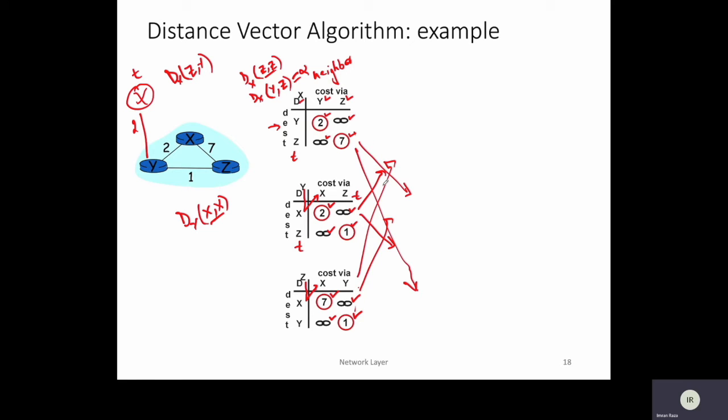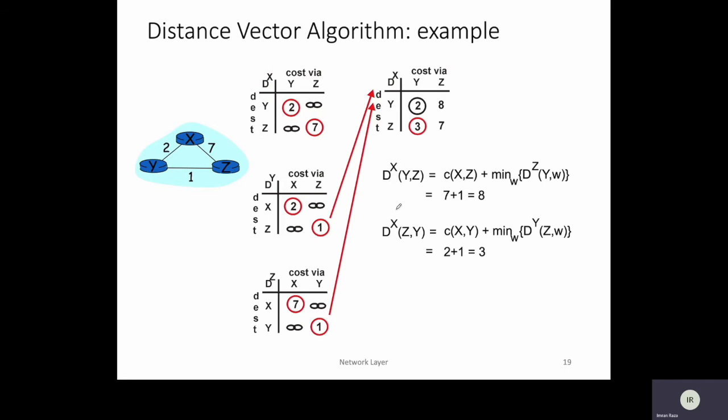So what will happen if we look at this? What will be the message that x will be getting, right? In the initialization step, we are getting this cost from the update messages from y and z. So x will receive update messages from y and z.